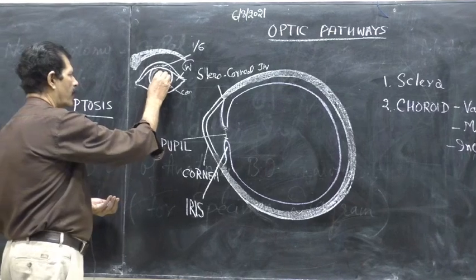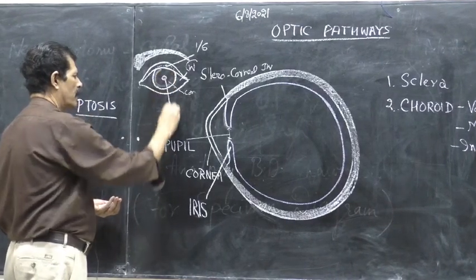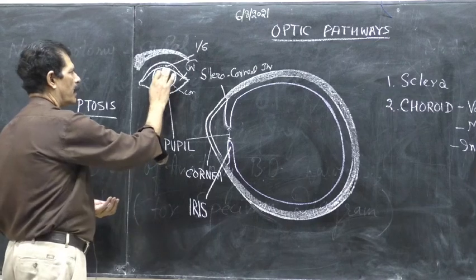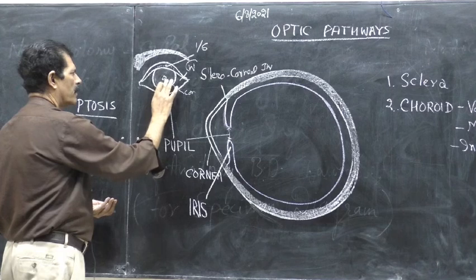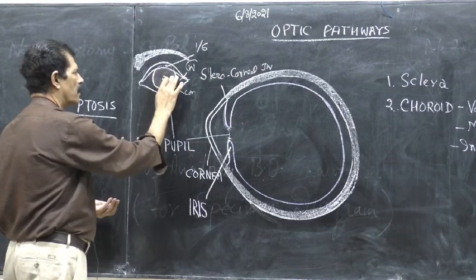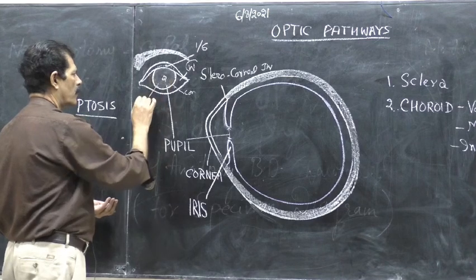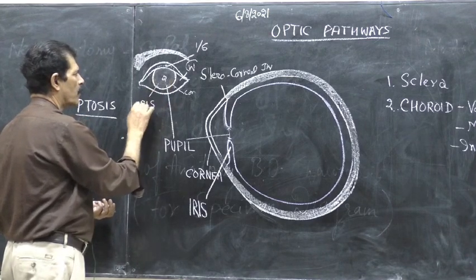So this roundness, hole-like structure is the pupil, and behind the transparent cornea, what is visible is the iris, part of the choroid.